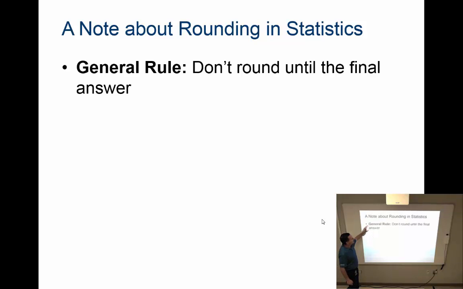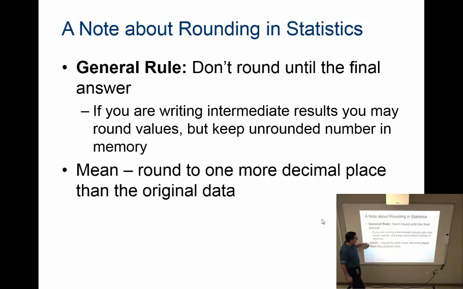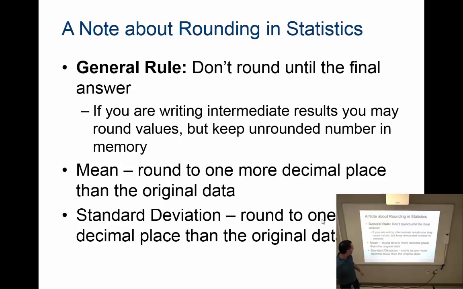Let's talk about rounding as it relates to statistics. As a general rule, we don't round until we get to our final answer. If you're writing intermediate results, you may round values but keep unrounded numbers in memory. And as it relates to the mean, we're going to round to one more decimal place than the original data. So original data was whole numbers. There were no decimal places. We're going to round to the first decimal place.